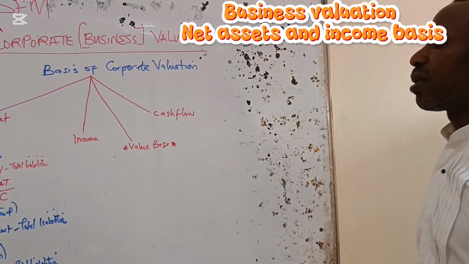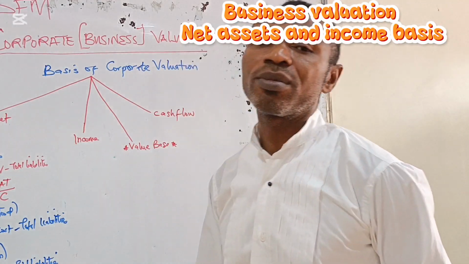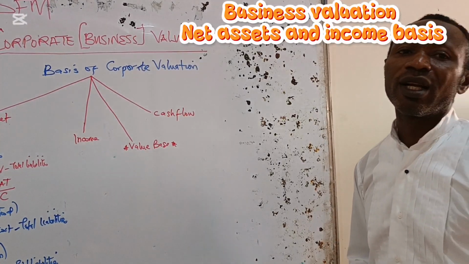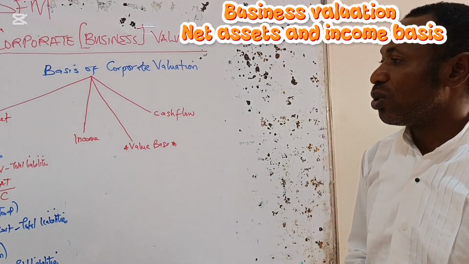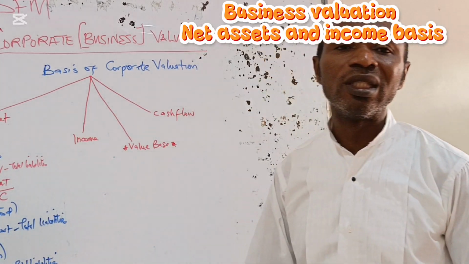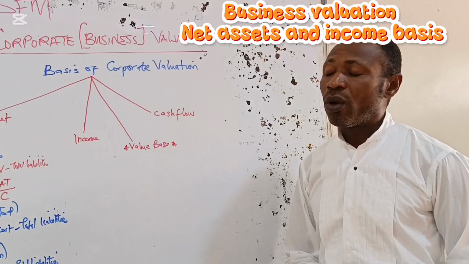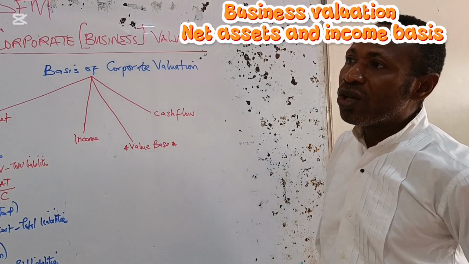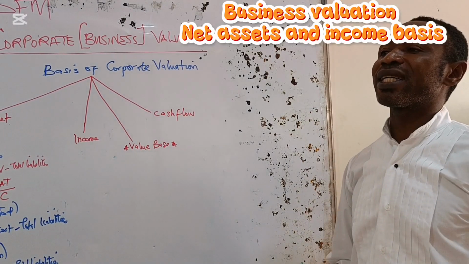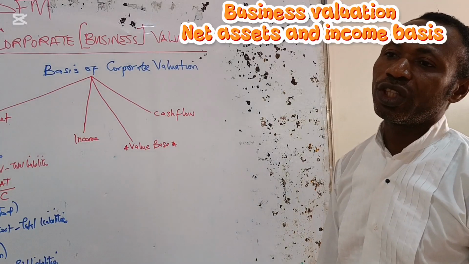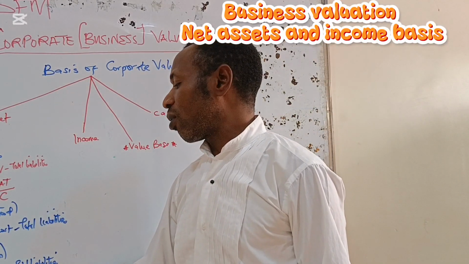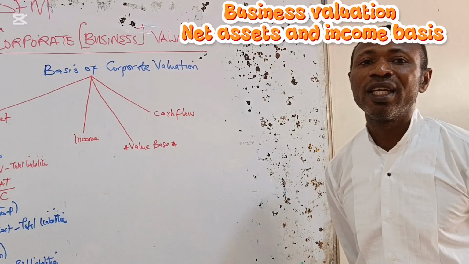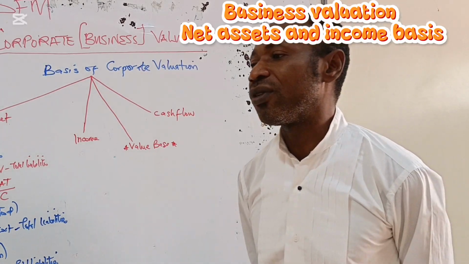So this method looks at the assets at their revalued amount. Sometimes an entity tends to revalue its assets. You call an independent valuer to revalue the assets so as to do away with the historic value and go with the revalued amount. One key thing to note while applying this method is that when the assets are revalued, sometimes you notice that the value of some of the assets changes. A key place of issue for students is that they look at those assets whose value did not change and tend to think that those assets were not revalued.